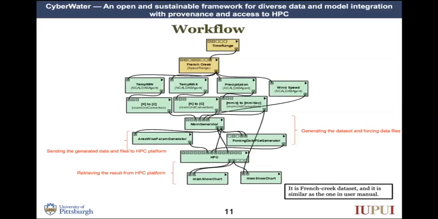I think you have used this dataset, the French Creek, to test the weak model before, as in the instructions in the user manual. The basic idea for the HPC module is to upload the forcing data, which is generated by the forcing data file generator, then do some computations on the HPC platform, and then download the results from the HPC platform and show the result chart.